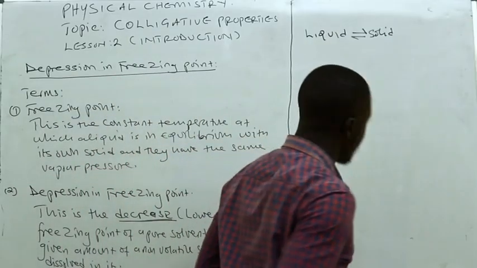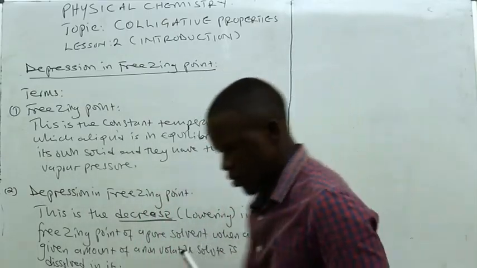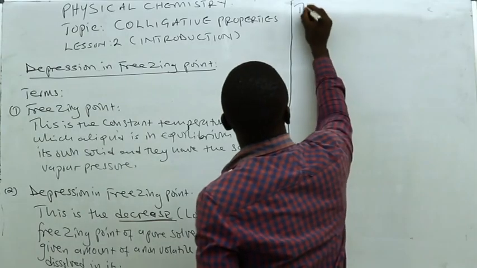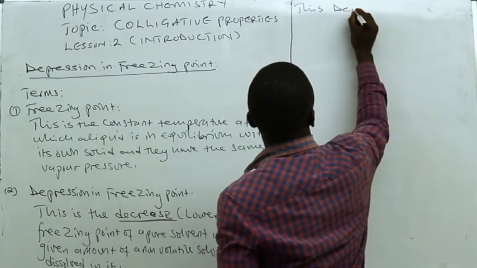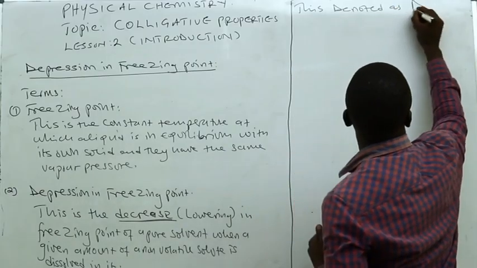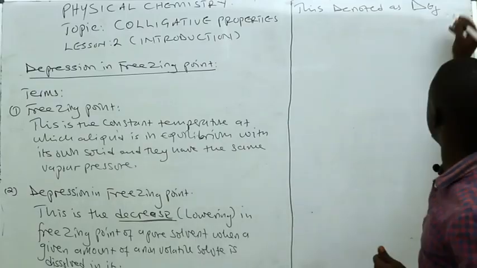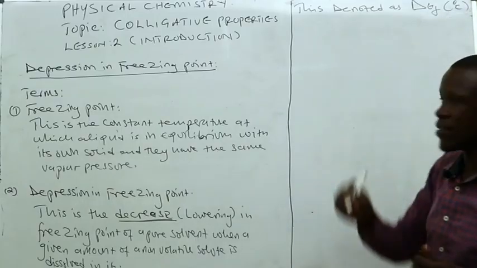Now, this is normally denoted as delta T for freezing point, and it is measured in degrees Celsius.